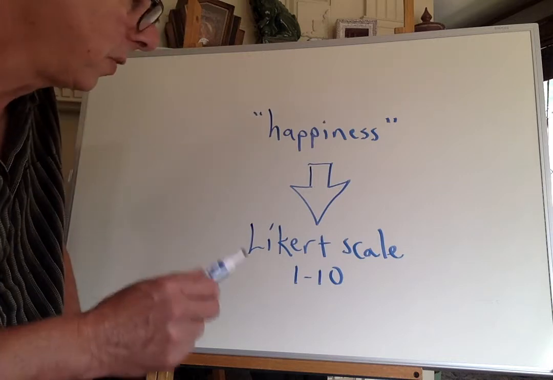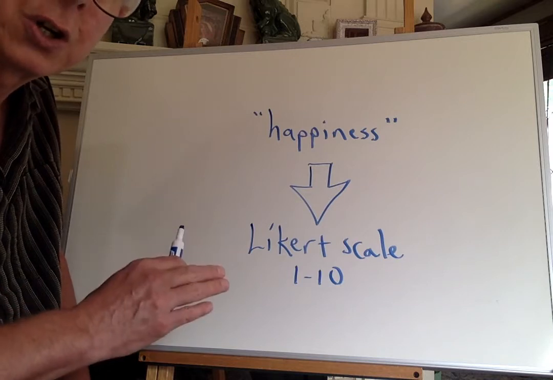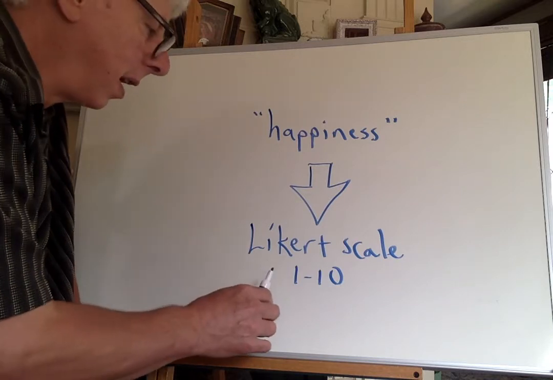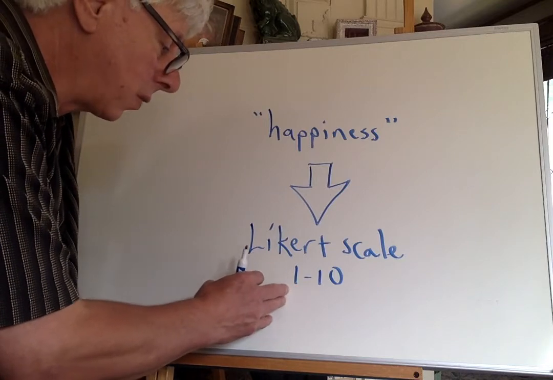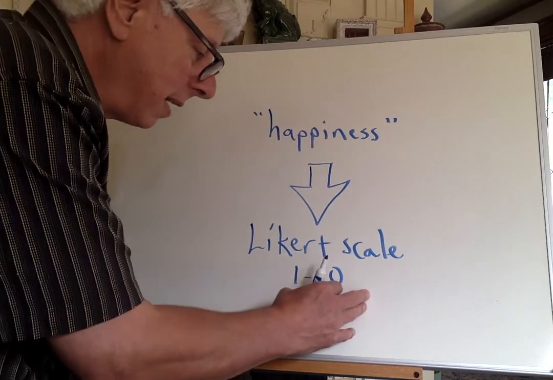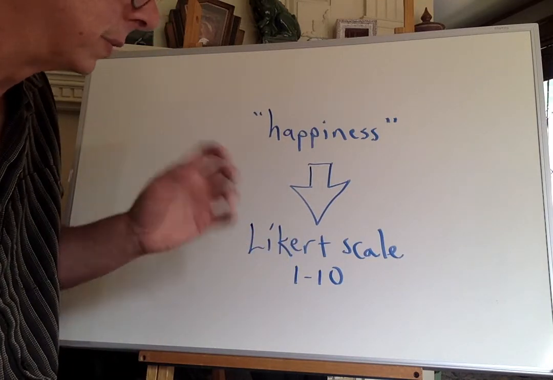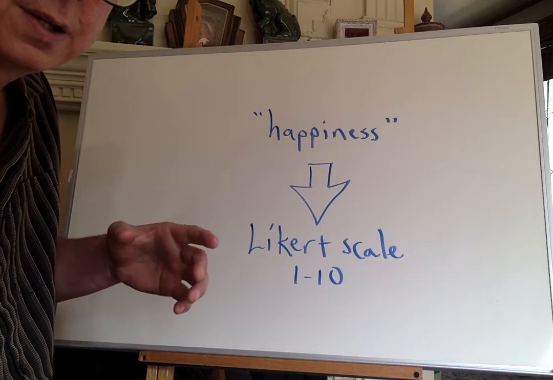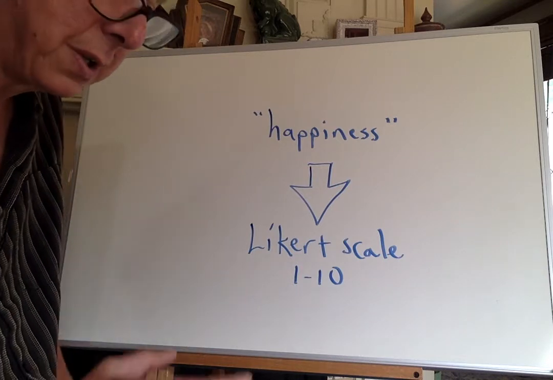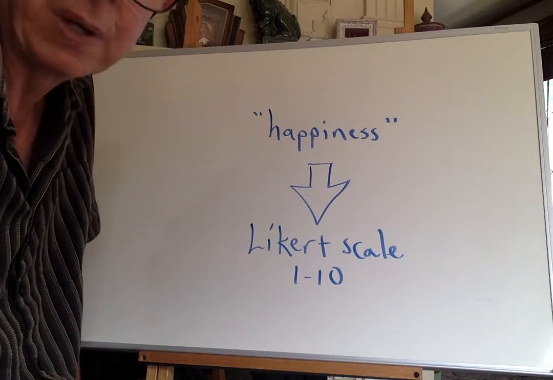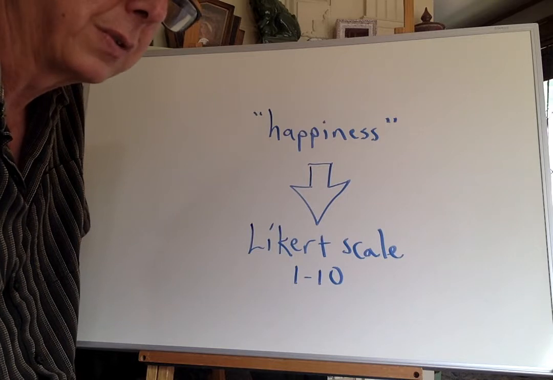So when you use a Likert scale, make sure you inform the respondent what is the low end. In this case, 1 means not happy, 10 means very happy, and then people can respond. So I want you to think about it for a minute, and maybe in your notes, just write down your number. In general, how happy are you?